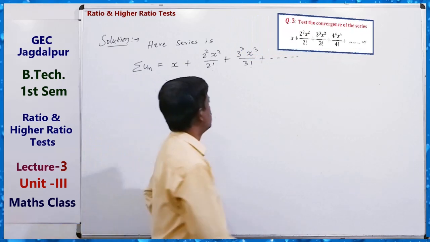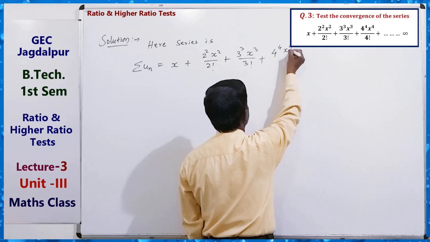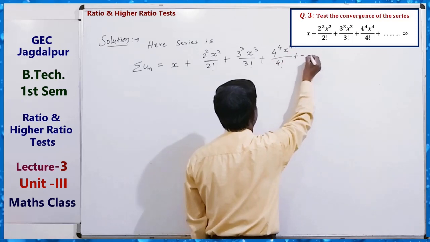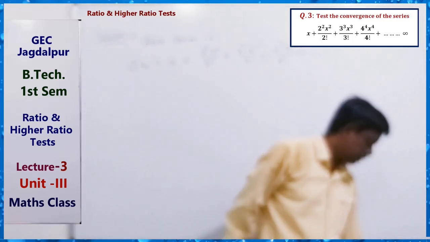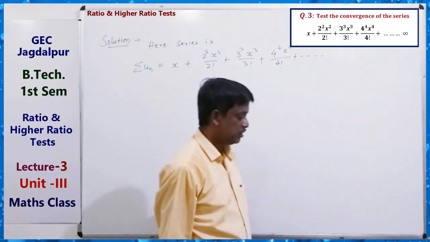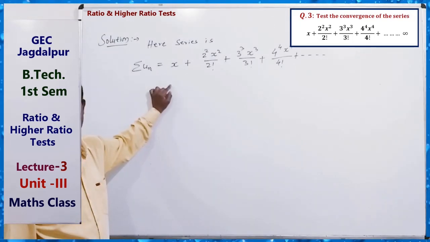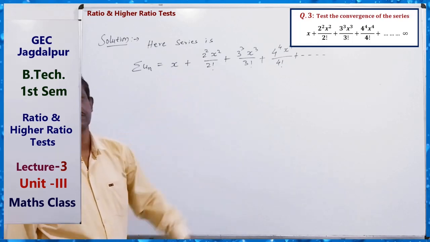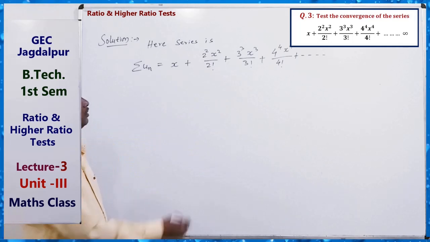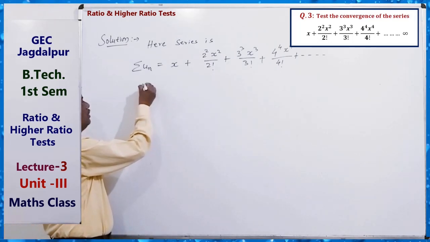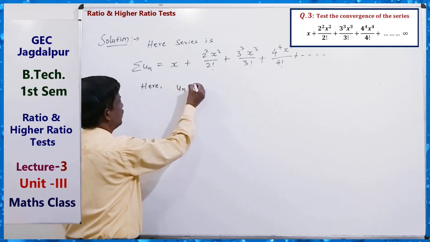So this term will be what? 4 power 4 x power 4 upon 4 factorial. This is the given series. For this series, we can write, because here power is the main thing, un is what?